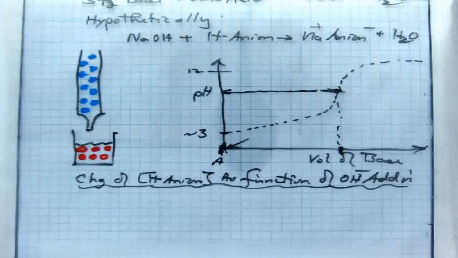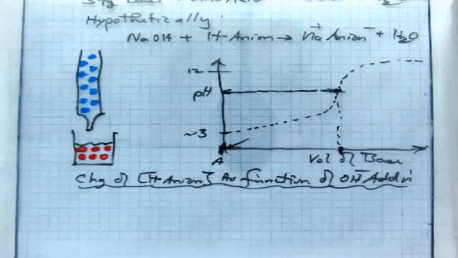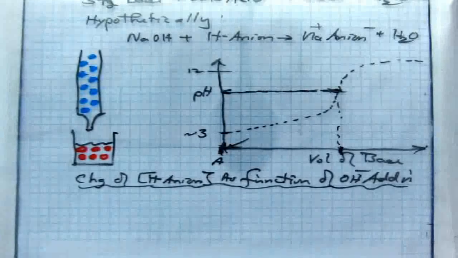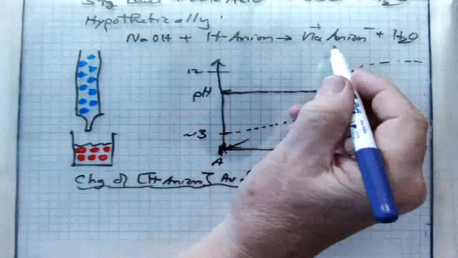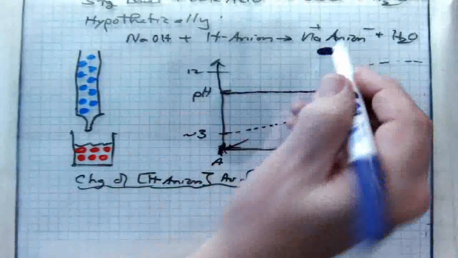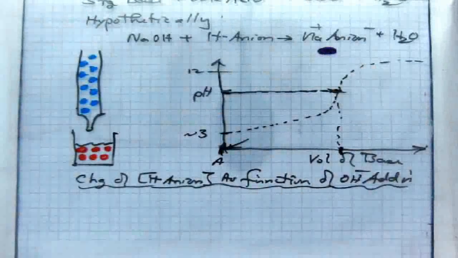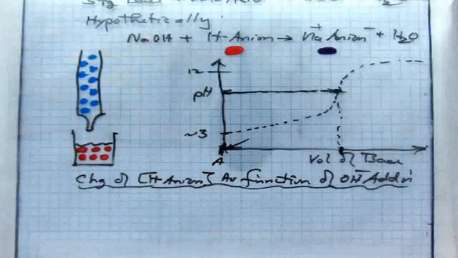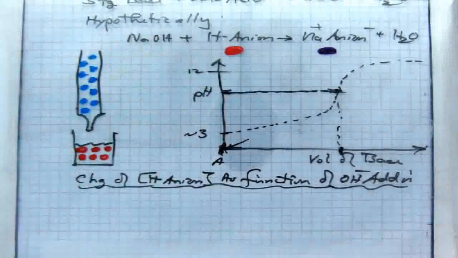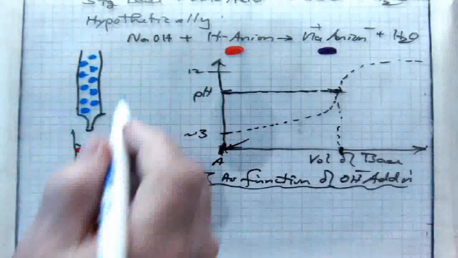So, what we're going to do is go through and make a titration. But before the titration begins, what I was getting at a moment ago is point A right here. We have 100% acid in the beaker. When we reach equivalence point, that's right here.